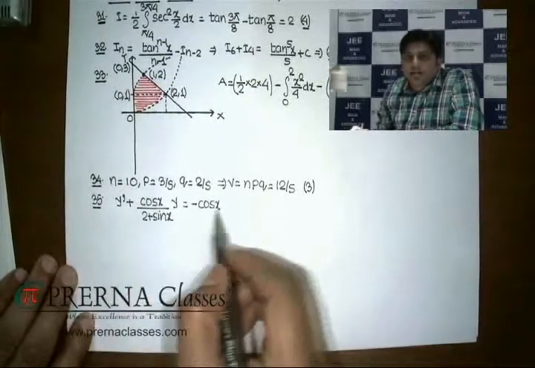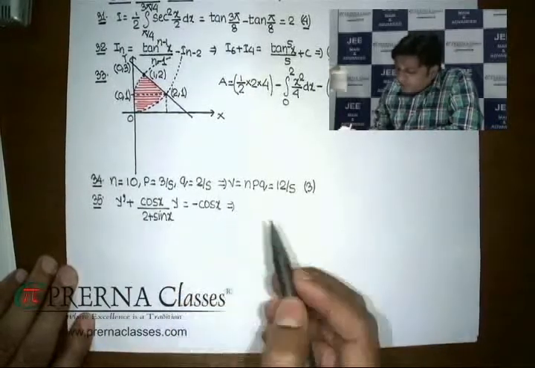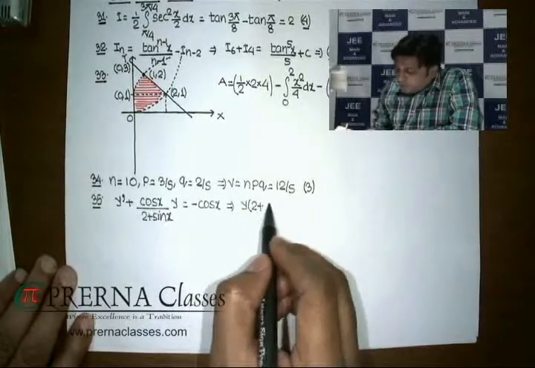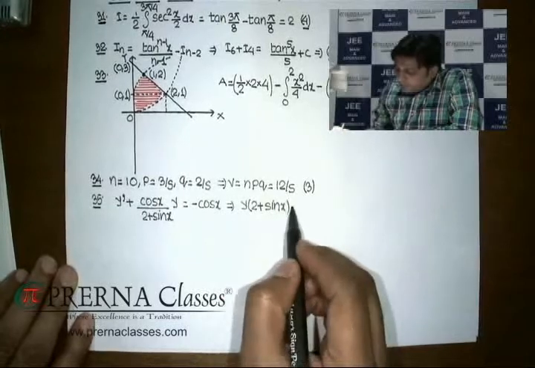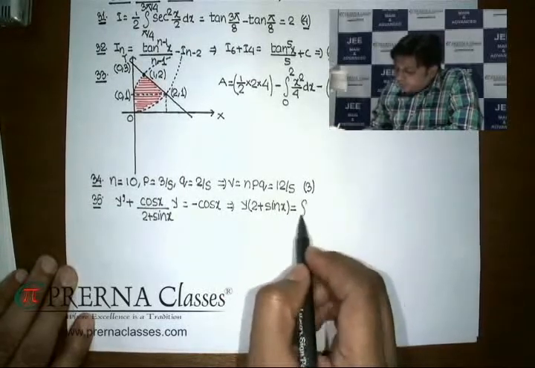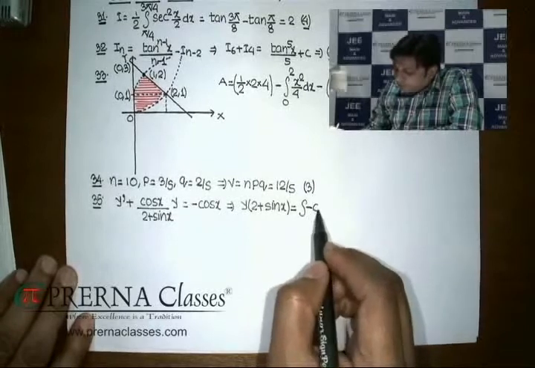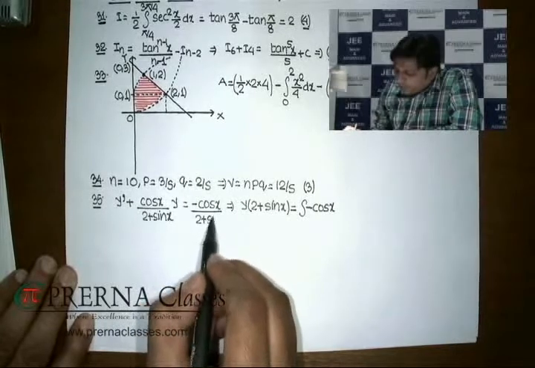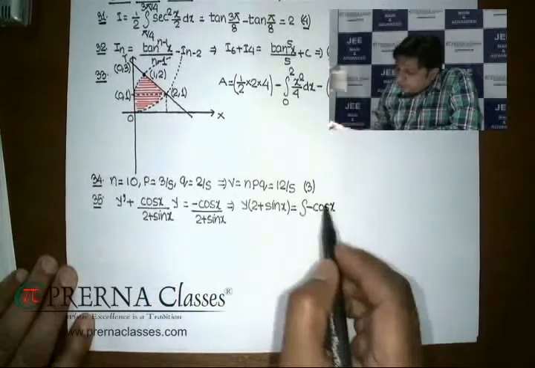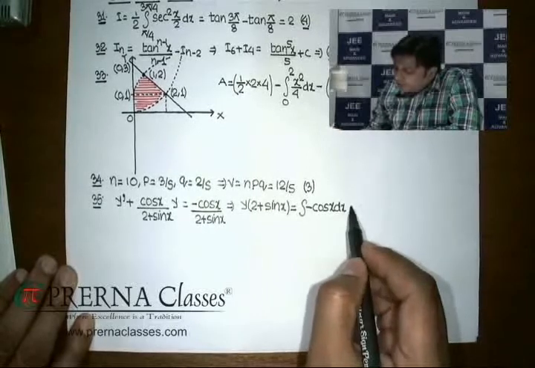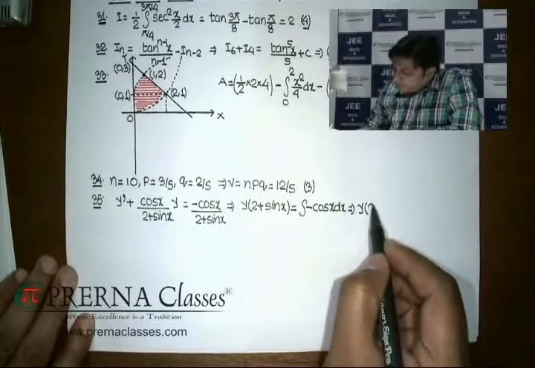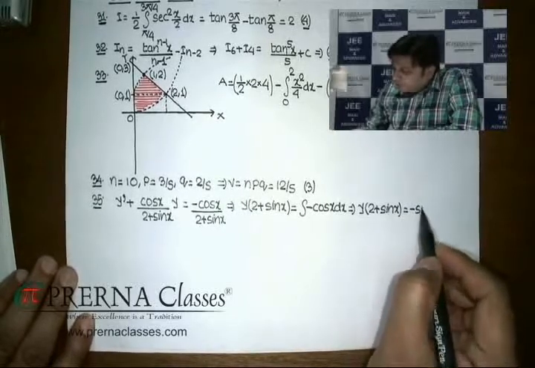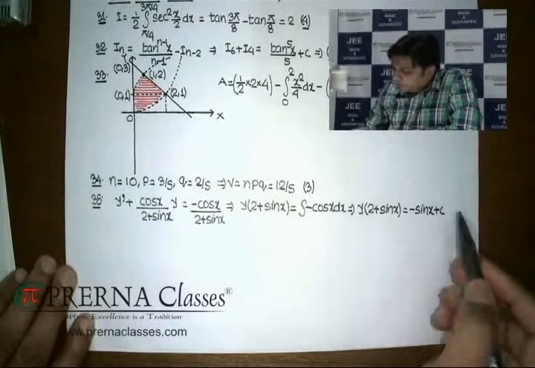If we compute the integrating factor for this differential equation, that will turn out to be 2 plus sin x, and therefore the solution is going to be y into 2 plus sin x equals the integral of, note that we'll be having a quantity of 2 plus sin x over here also. We are going to integrate this quantity. Finally, we are going to get y into 2 plus sin x equals minus sin x plus c.